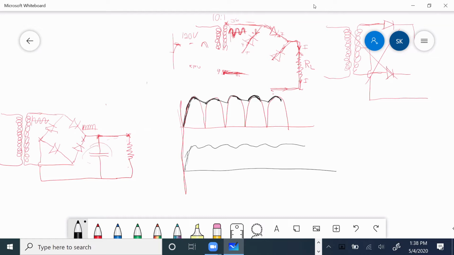But I can decide on the values of R and C in a way that I will end up getting this much smoother. Or I can actually end up getting it really smooth, just like this.